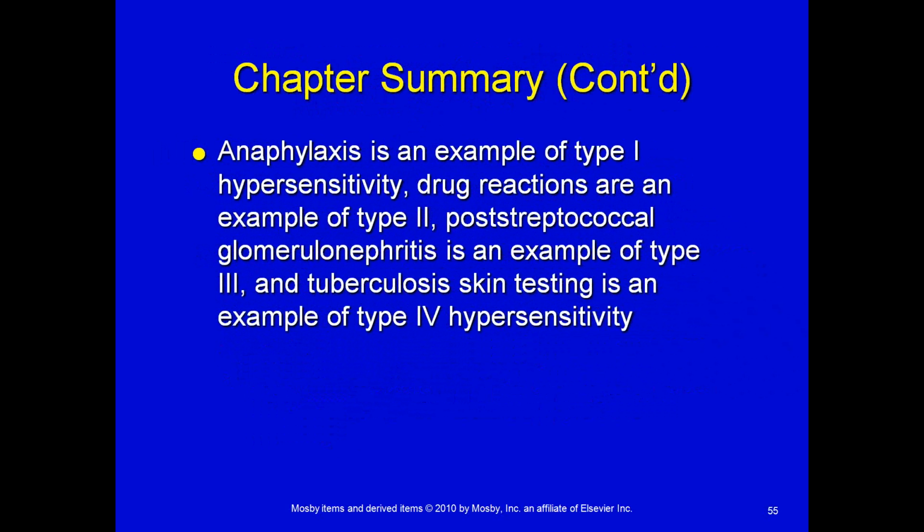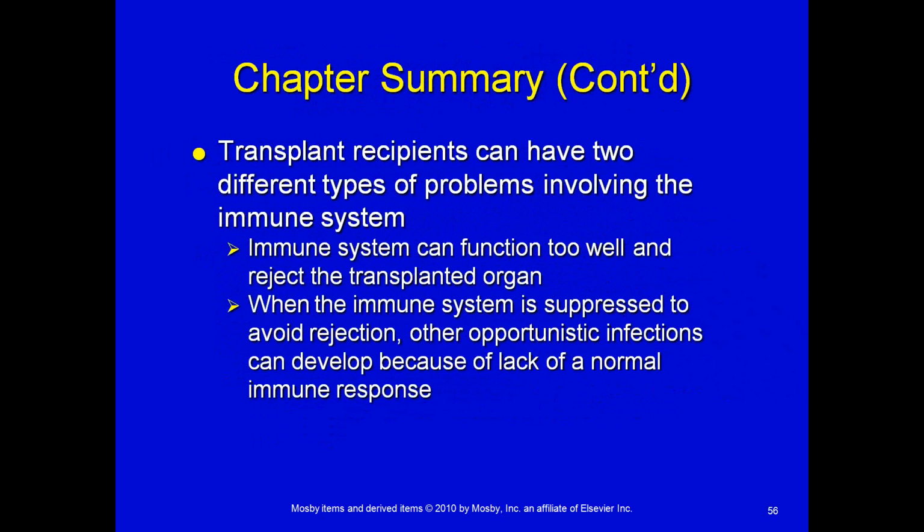Post-streptococcal glomerular nephritis is an example of type 3, and it has to do with the kidneys. So some sort of nephritis with the kidneys. And then tuberculosis skin testing is an example of type 4 hypersensitivity.